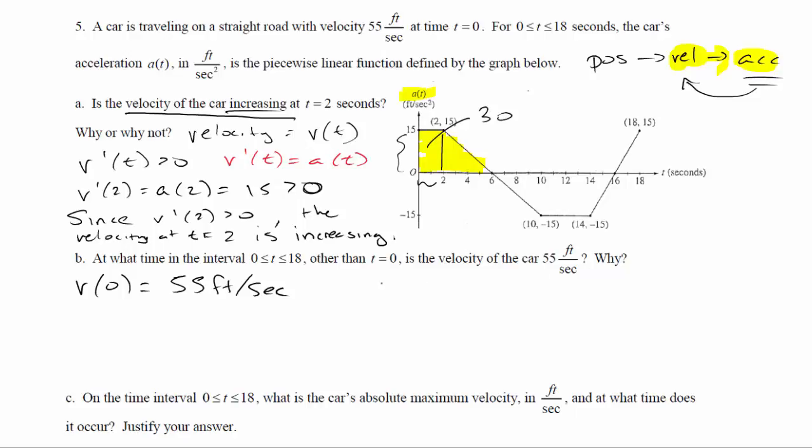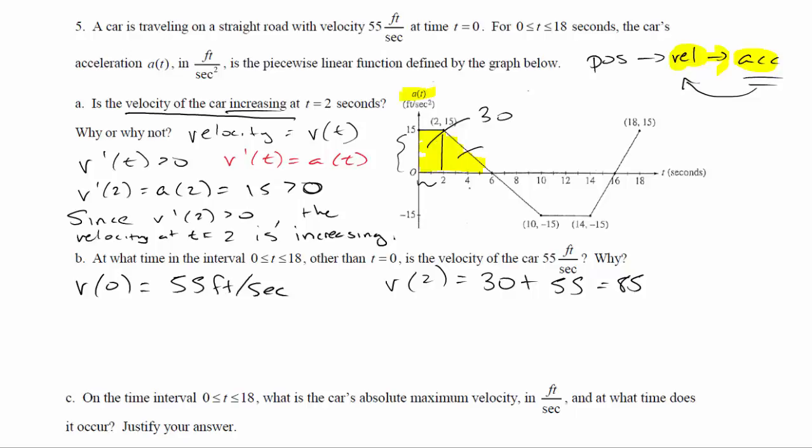So v of 2 equals 30 plus 55, because it's the velocity's displacement plus its initial velocity. So since it was accelerating from 55 and it accelerated a total of 30 feet per second, now we're at 85. So logically, you can see all of this above the x-axis is acceleration.